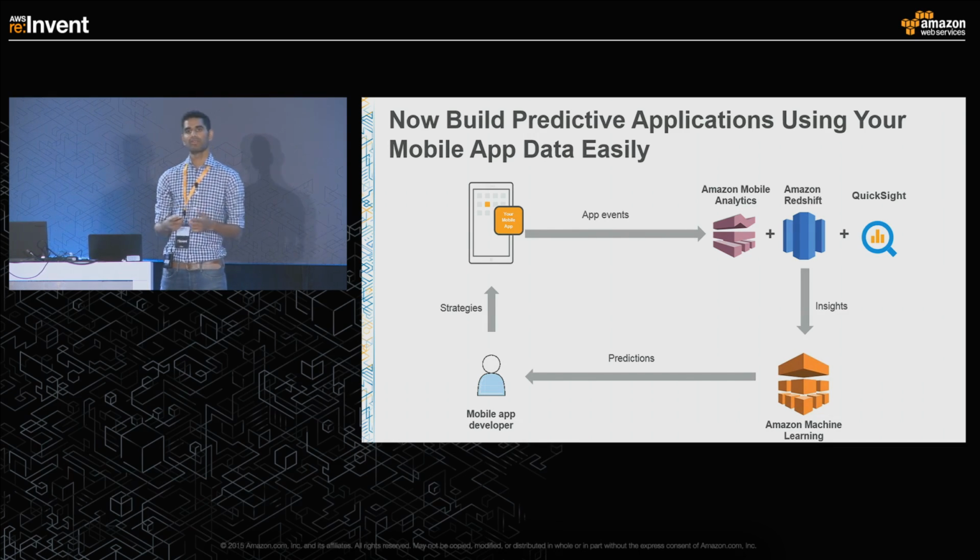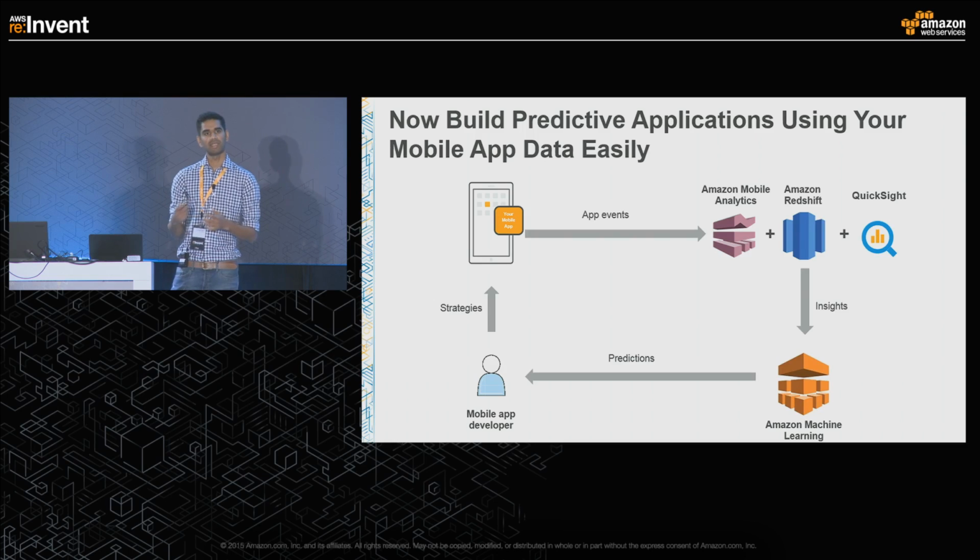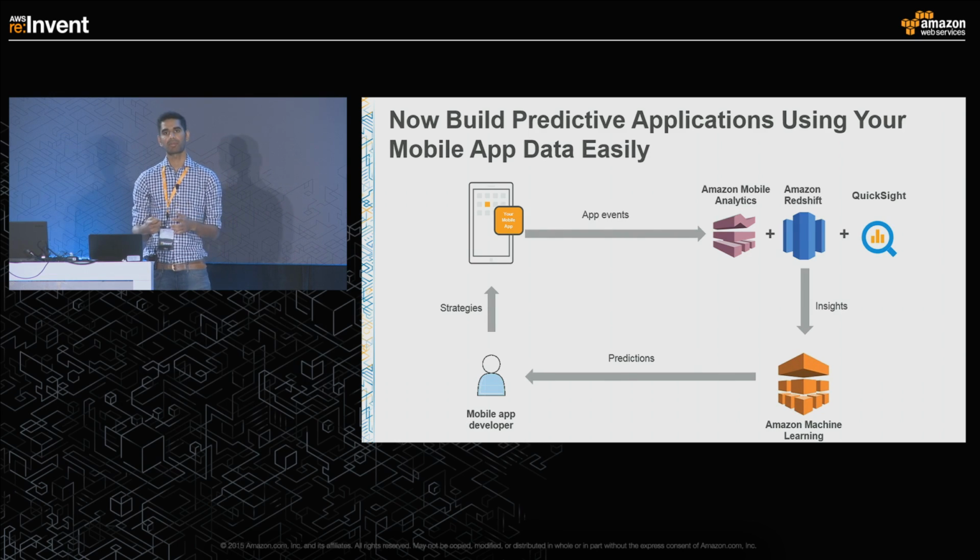Now, with the auto export feature, you could export all of the data to Amazon Redshift. This is really a powerful feature which enables developers to do so many different things in the app. Now, using QuickSight, as we have seen, we could quickly dive deep into your app data. You could get deeper insights about your users and about your app usage.